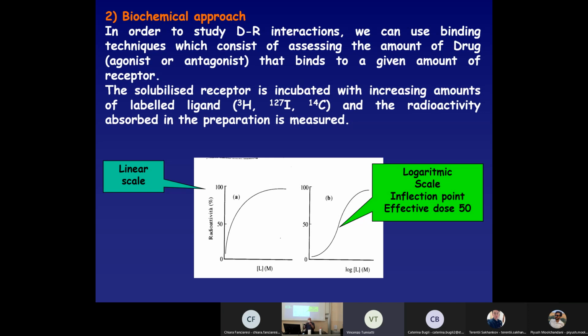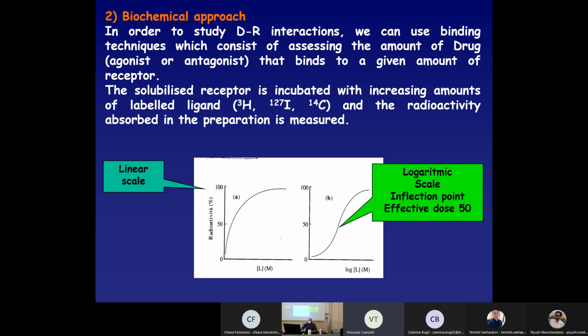So we have our receptors immobilized on a matrix. We put inside the system our radiolabeled agonist. We wash. And then we measure the radioactivity.